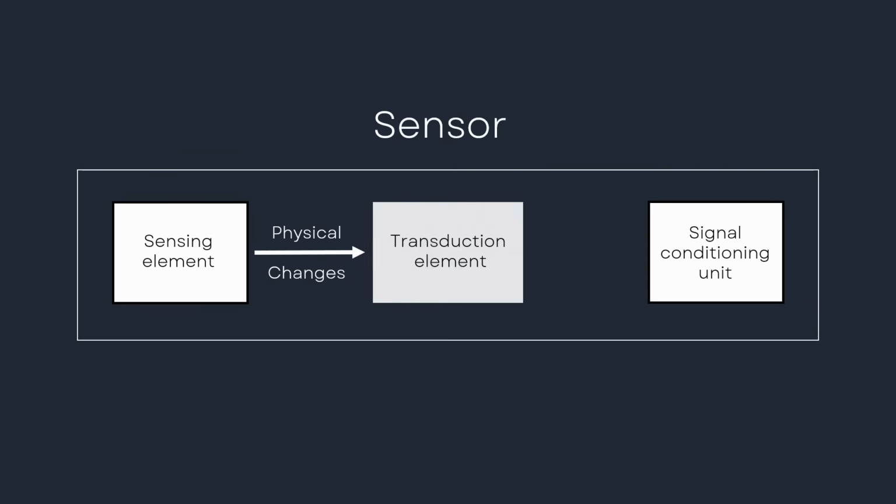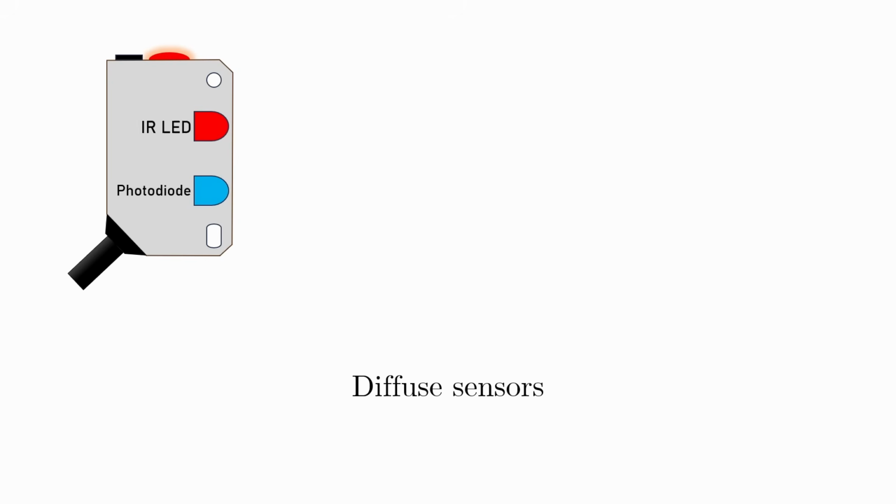Now, if you have noticed, I have been repeating one thing. The transduction element of every sensor always gives an analog output, even for those sensors which finally give digital signals. Let's take the photoelectric sensor example again. The amount of photocurrent produced depends on how much light the receiver gets.